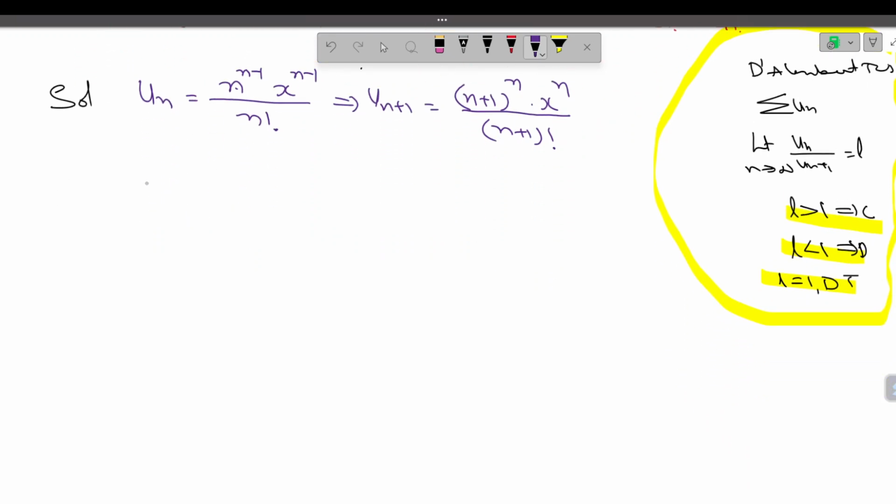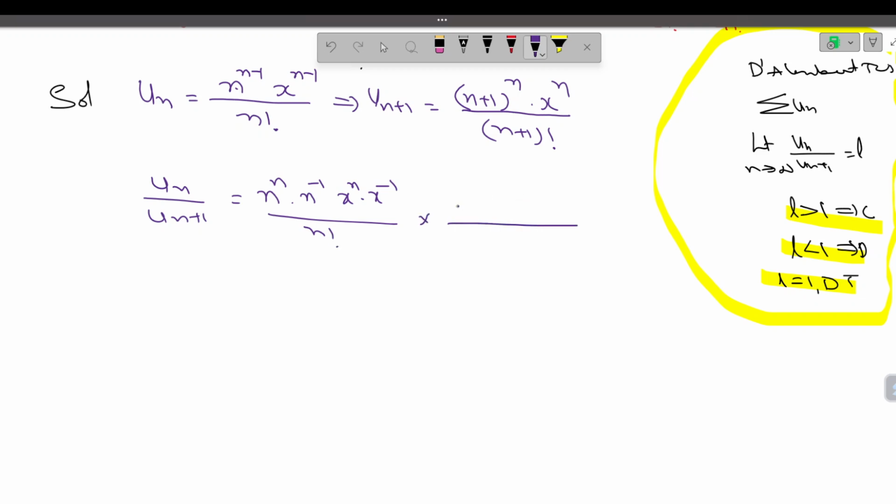Now we have to go for un by un+1. What is your un? n to the power of n minus 1, x to the power of n minus 1, by n factorial.